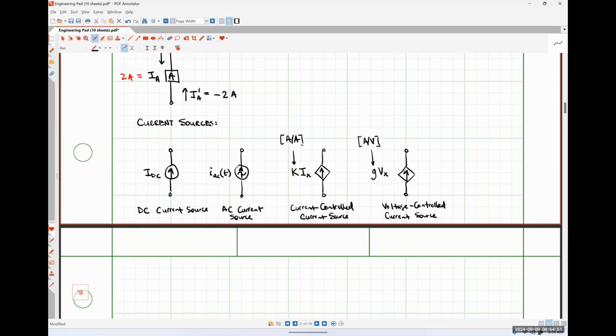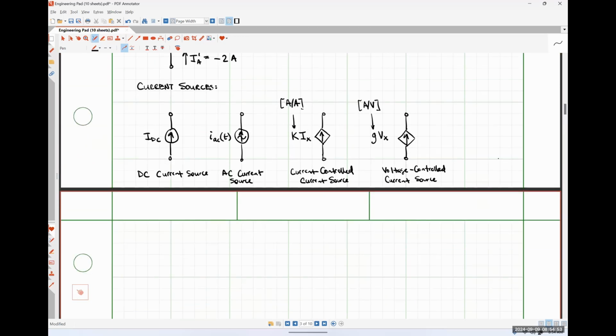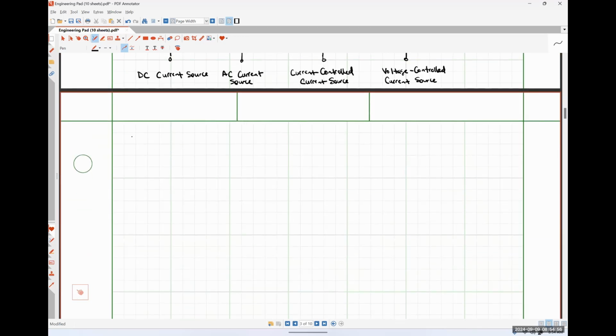All righty. So let's start with our mathematical definition of power. What's power in an electrical circuit?